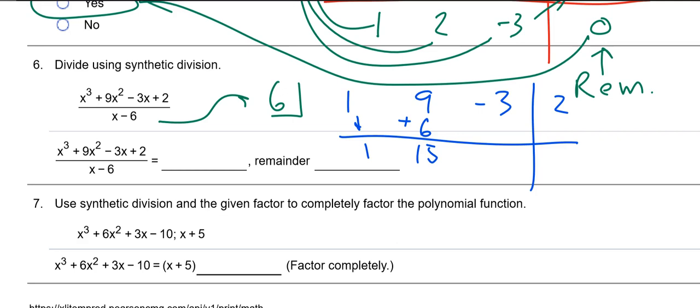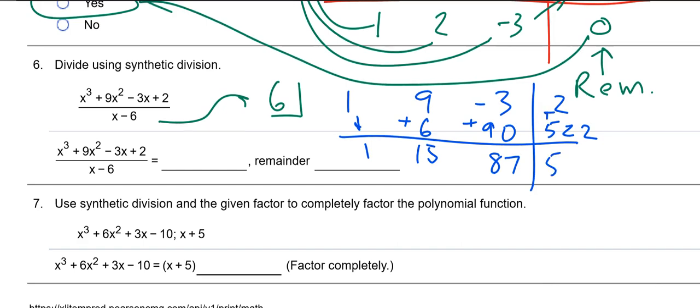Multiply 6 times 15. What is that, 90? Did I do that right? 1, 9, negative 3, 2. Okay. 6. Okay. Add them together, get 87. 6 times 87. Ooh. I know it's over 480. 522.